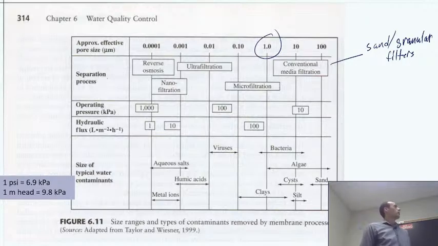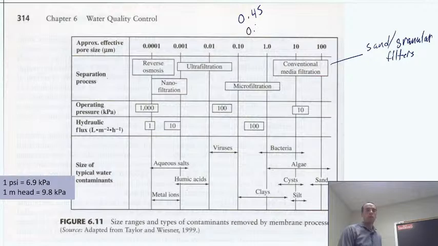All right, so given this about 1 micrometer, we might call that ultrafiltration down to 0.1 micrometers. So if you do go into a lab and use one of these syringe filters, and maybe it's a 0.45 or 0.22 micrometer, we might call that a microfiltration membrane.